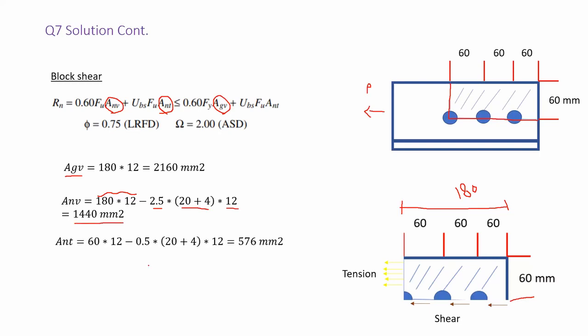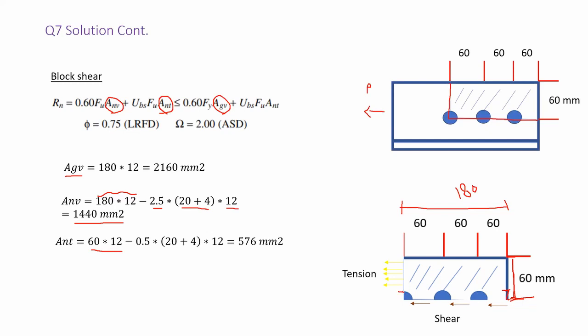We check for the net area in tension. Now this time I will consider the distance from here until there. This is the part which has tension, so I'm considering this side, 60 millimeters, multiplied by 12, the thickness, and you take into consideration that you have half a bolt that is reducing the capacity of the member.